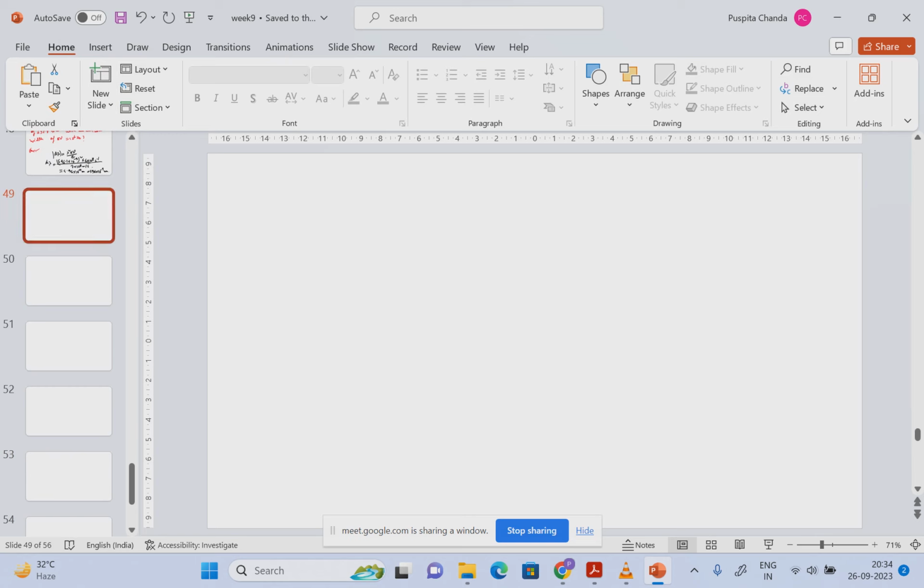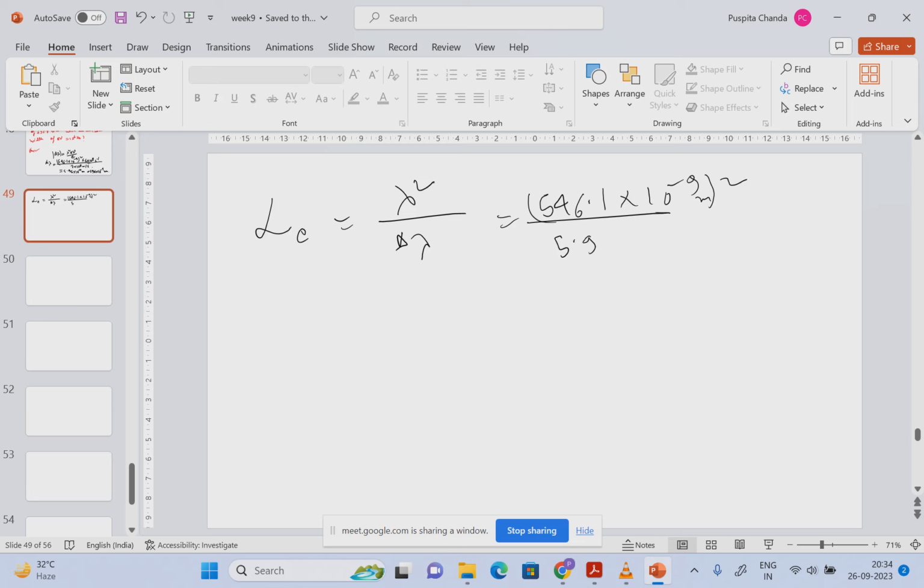So now for the coherence length, we know lambda squared by delta lambda. Then we put in this value. It's 0.50 meters.